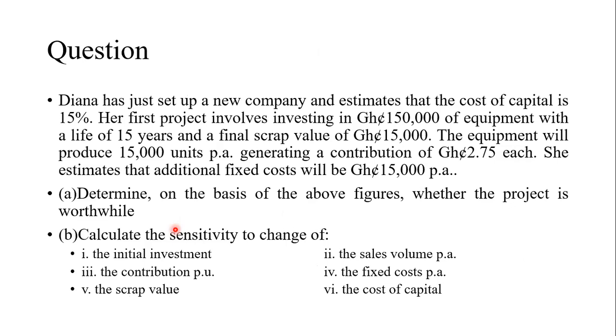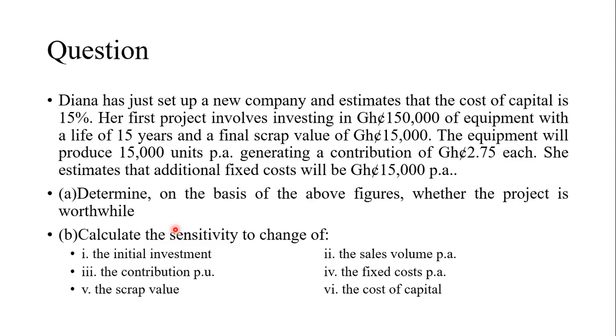Question. Diana has just set up a new company and estimates that the cost of capital is 15%. Her first project involves investing in 150,000 Ghana cedis of equipment with a life of 15 years and a final scrap value of 15,000. The equipment will produce 15,000 units per annum, generating a contribution of 2.75 Ghana cedis each.